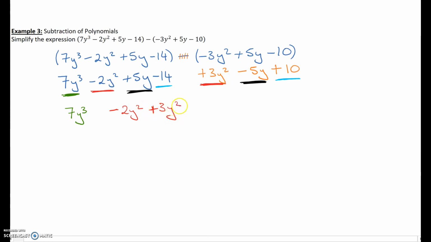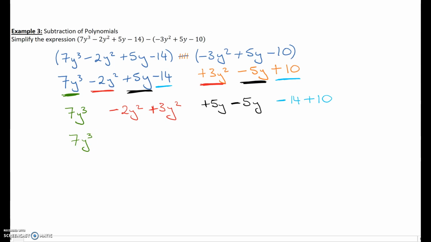Then we're going to do the y's next, and we have plus 5y and negative 5y, and then the numbers, negative 14 and plus 10. Okay, so let's put it all together. 7y cubed, that's the only y cubed, so we're just going to leave that as 7y cubed.